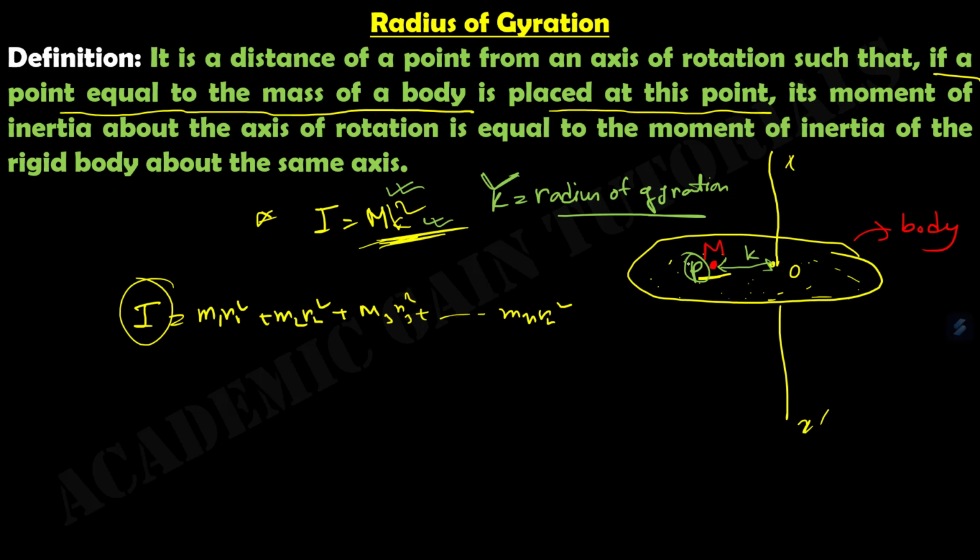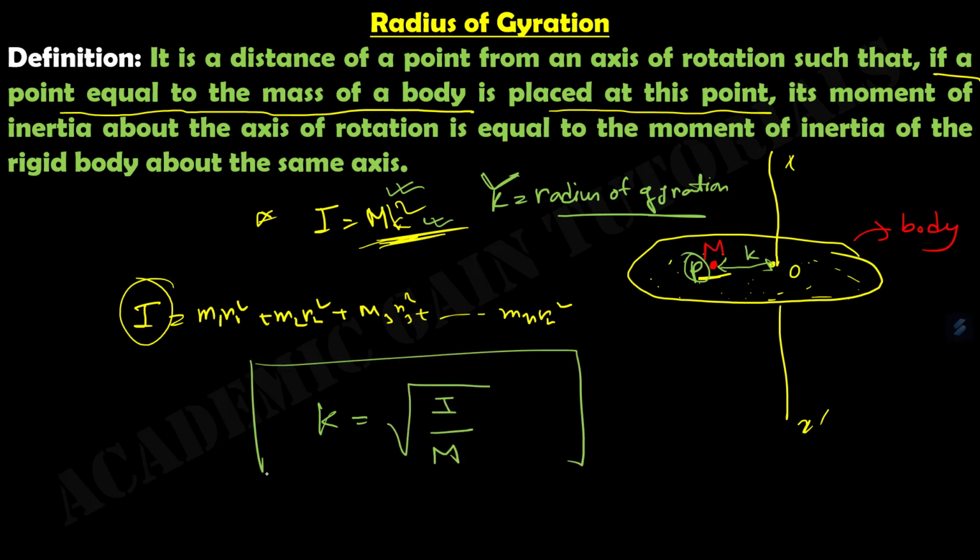So the moment of inertia at point P will be equal to the moment of inertia of the whole body. Then we can say that the distance of a point from an axis of rotation is known as the radius of gyration. For radius of gyration we use K equals root over I by m. So this is the formula for determining the radius of gyration.